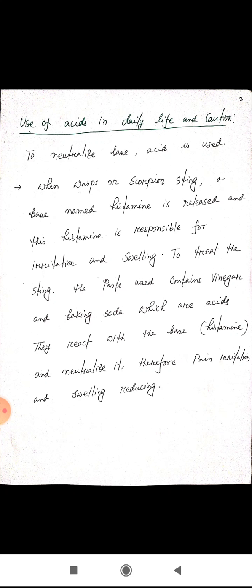So we know that in the reaction of an acid and a base, salt and water are formed. In this particular reaction, histamine is a base and acid is used to neutralize this base.